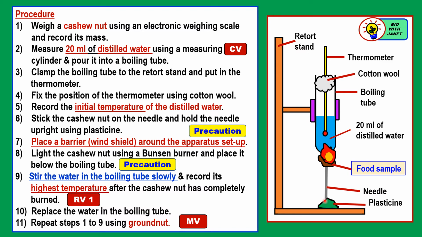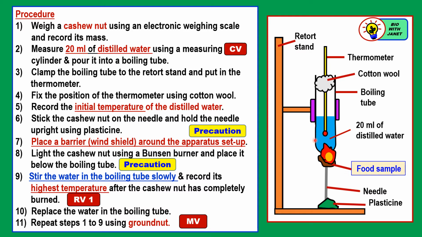Now, next, before you start burning the food, place a barrier such as a windshield around the apparatus setup to prevent wind from blowing on the burning food sample, right, and to prevent the heat from escaping from the burning food sample. So you want all the heat, most of the heat, to heat up the water.